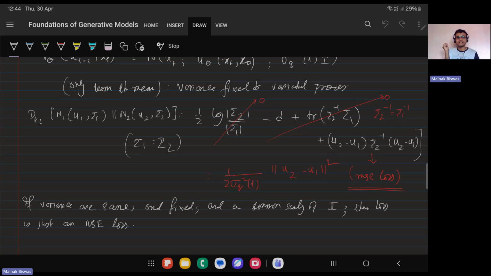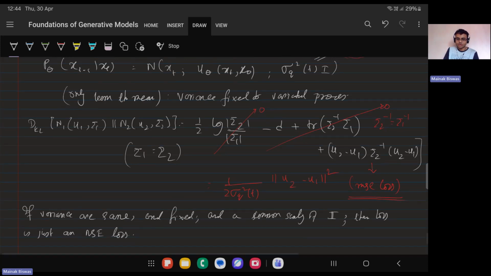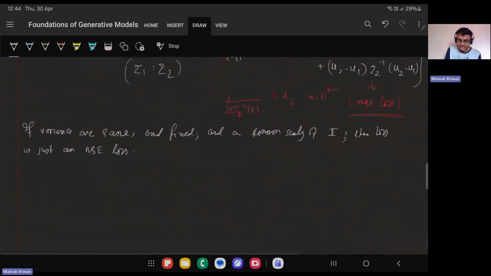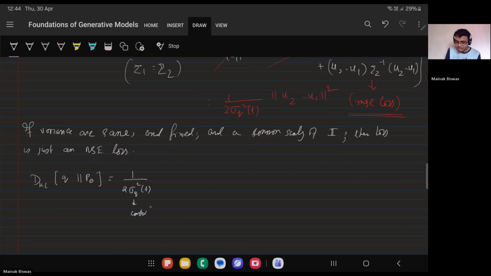So we have mu 2 minus mu 1, or mu q minus mu theta. If you write down the KL divergence between q and p theta, our KL divergence is nothing but 1 by 2 sigma q squared t, which is a constant again. This is at time t. Let's assume at time t it is mu theta of xt comma x0 minus mu q of xt comma x0, squared.